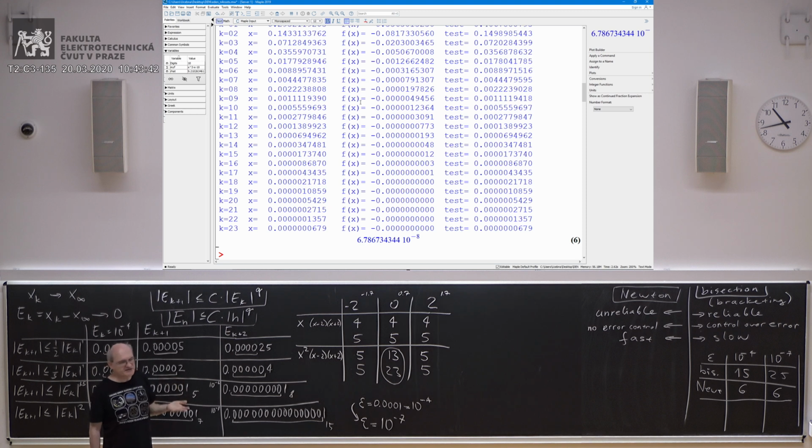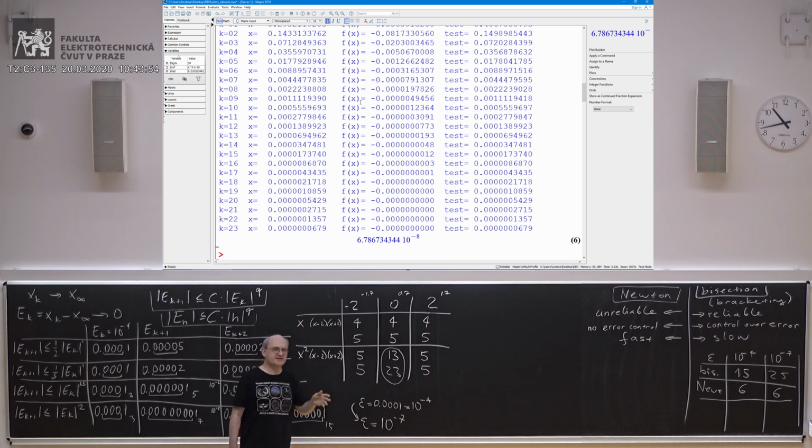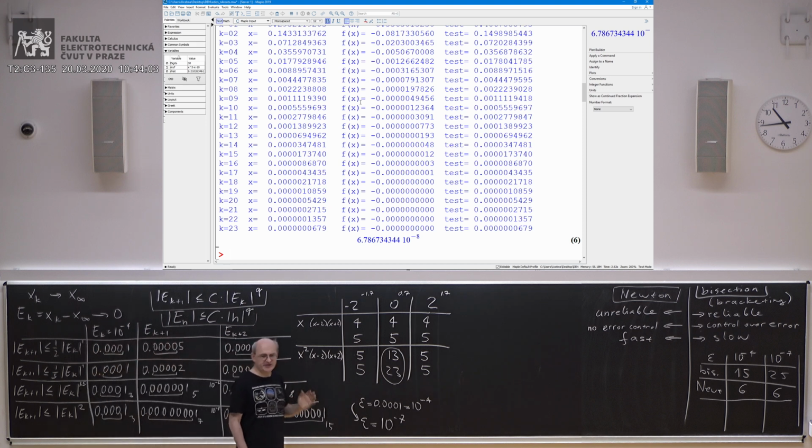So if you want something, you have to pay for it. That's normal. It's the classical trade-off. I've been saying some, let's say, not so complimentary things about the Newton method. Like it likes to go around, it can get lost, things like that. But it is fast. It is really fast, and we can make it work reliably with a little preparation. So this is a really very good method.